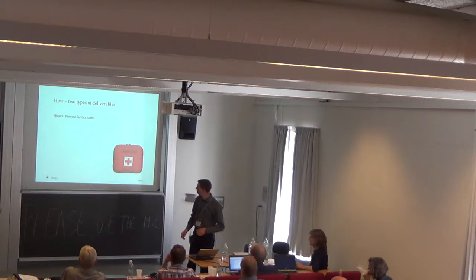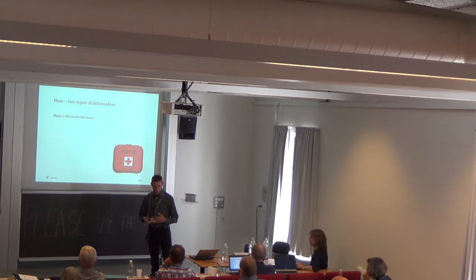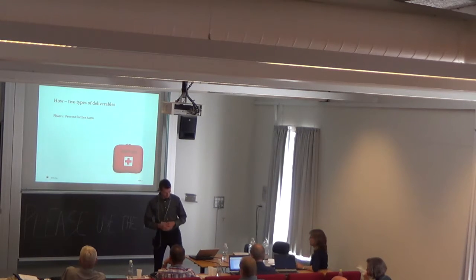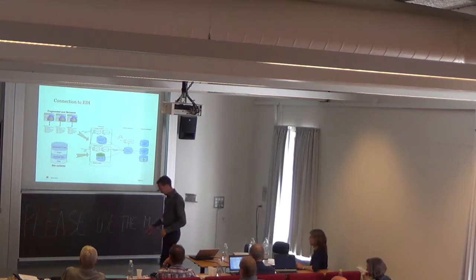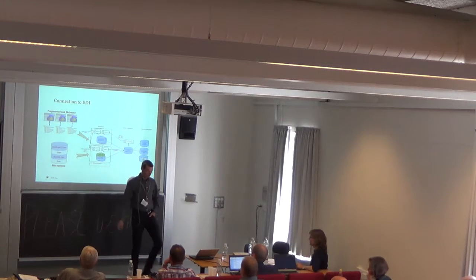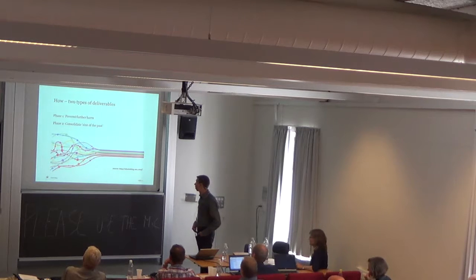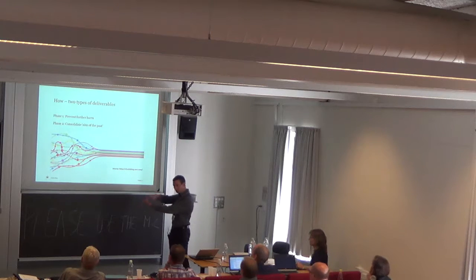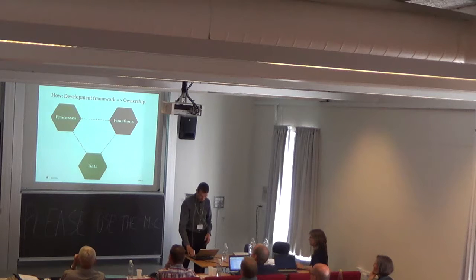We have two types of deliverables in the project. In a first aid kind of way, we have to prevent further harm. And harm in this context is stop doing this. And then we have the second set of initiatives concerned with the actual consolidation, the sense of the past, moving the large number of data sets to the new infrastructure.